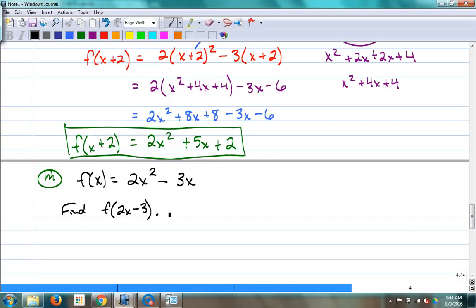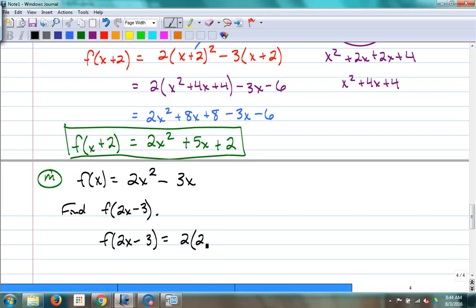A little bit more complicated style of problem there, because you got a 2x minus 3 that we're plugging in for x, which is a little bit more difficult than x plus 2 was. But the same kind of problem.